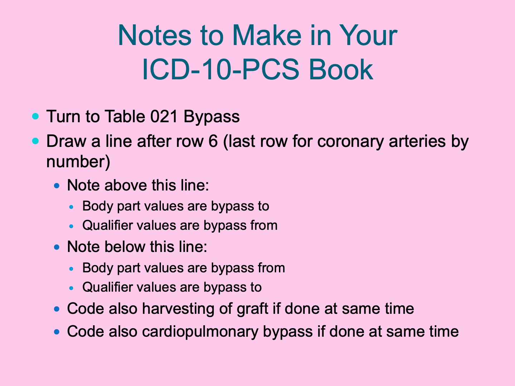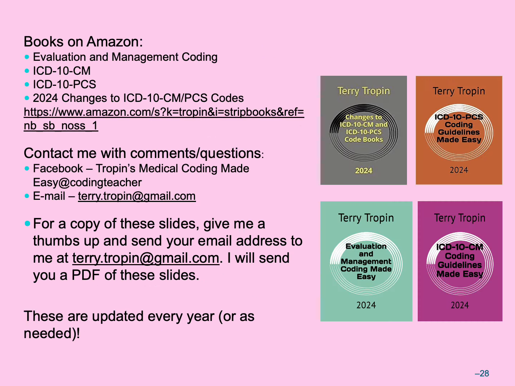This is really important because they're totally opposite each other. You can also write in there: code also harvesting of graft if done at the same time. Code also cardiopulmonary bypass if done at the same time. You can write in the codes if you would like to make it easier for you. But writing the difference in the bypass to, bypass from is the most important note to make here.